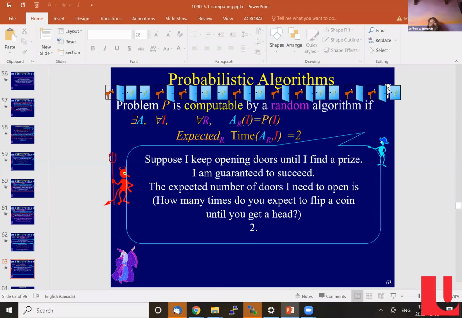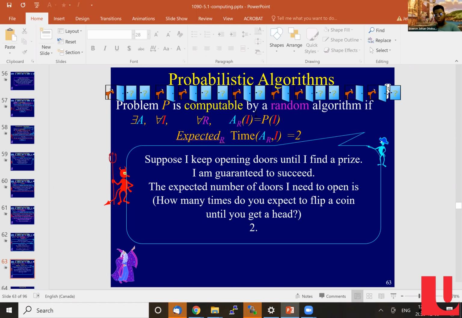So clearly a better algorithm would be to choose a random door, and as you keep getting goats, you look in a random door that you haven't seen. That would make the algorithm better, right?